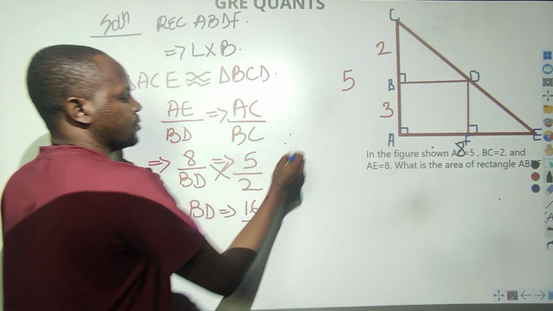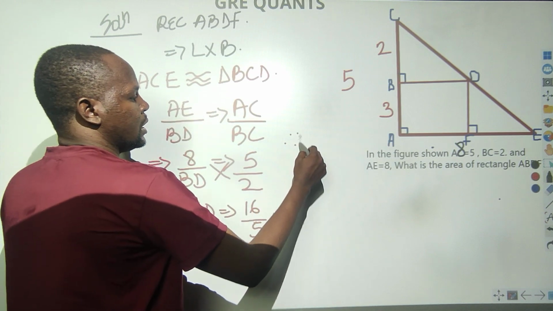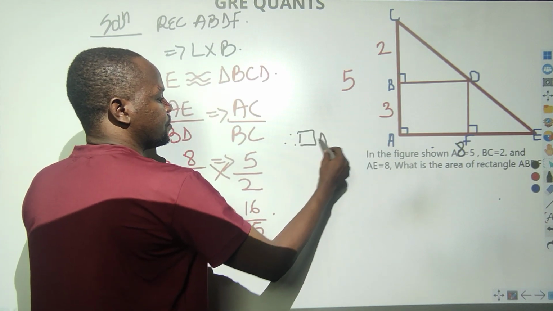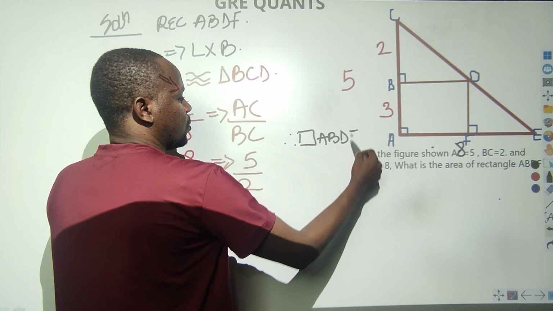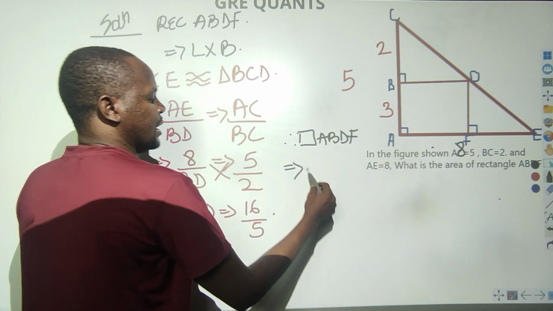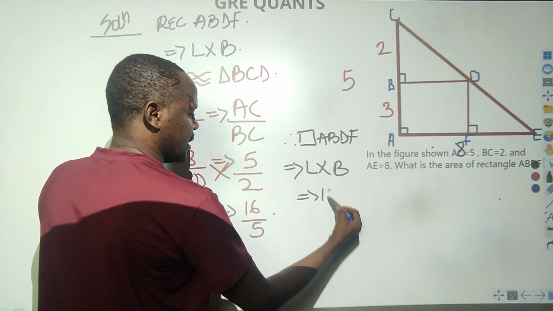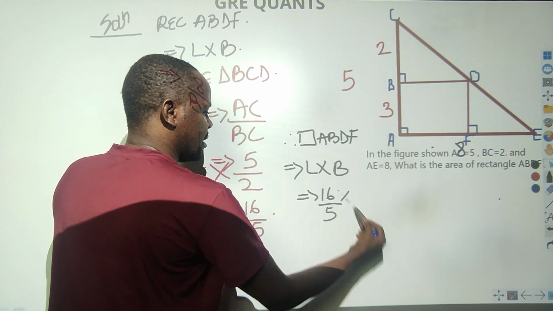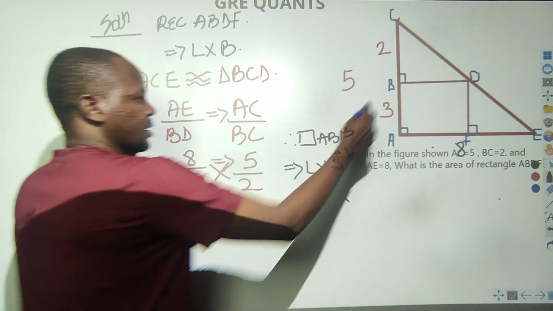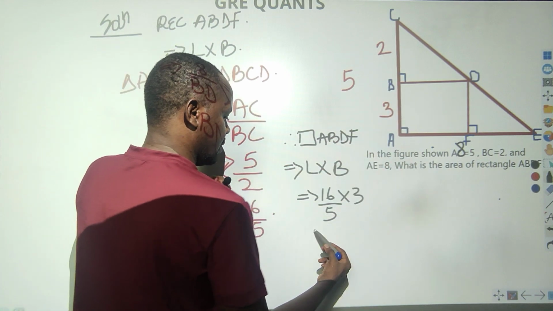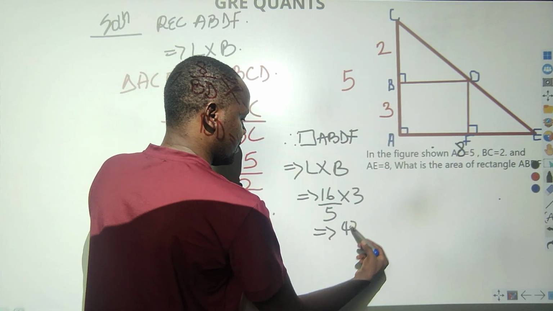So rectangle ABDF will be equal to length times breadth. I know the length now, that's 16 over 5, multiplied by the breadth, which is also called the width, that is 3 as given. So the answer to this is 48 over 5.